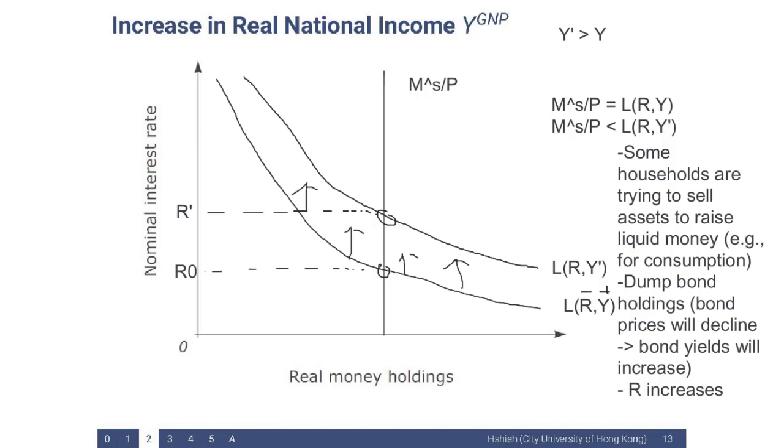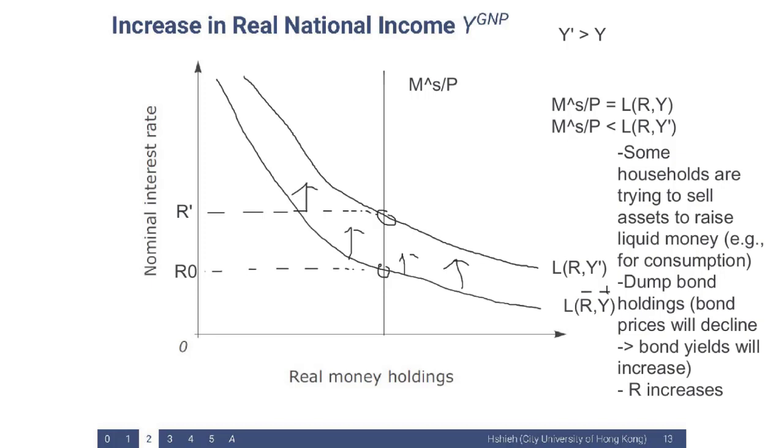So we have a starting point here. We have real money supply, and we have real money demand, or our liquidity preference. And we have an increase in real national income. So I remind you again, the relationship is negative here and it's positive here.